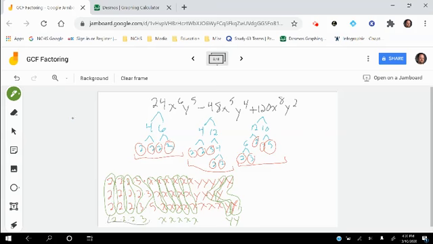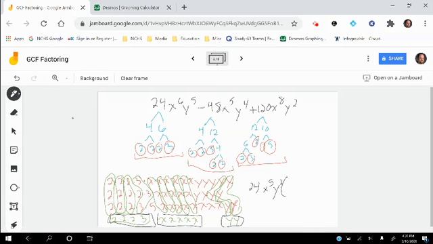So if I put them back together, that is 2 times 2 is 4, times 2 is 8, times 3 is 24. Then I put these together. That's x to the 5th, y to the 2nd.